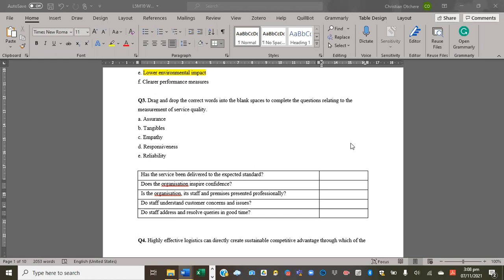Then that is for confidence: does the organization inspire confidence? Let me jump this one and go to the third one. I'll come back to that. Is it okay if I do that? Yes, you are free to do that. Are the organization's staff and premises presented professionally?